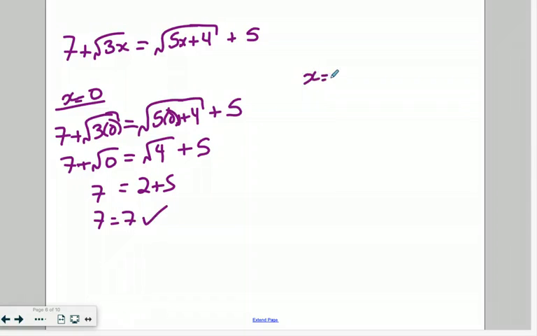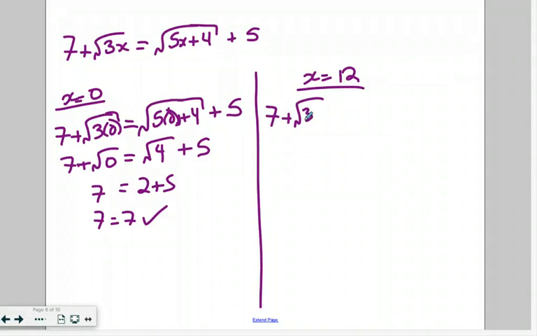Our other solution that we need to verify was x equals 12. So again, we plug in 12 everywhere we see an x. So 7 plus the square root of 3 times 12 equals the square root of 5 times 12 plus 4 plus 5.